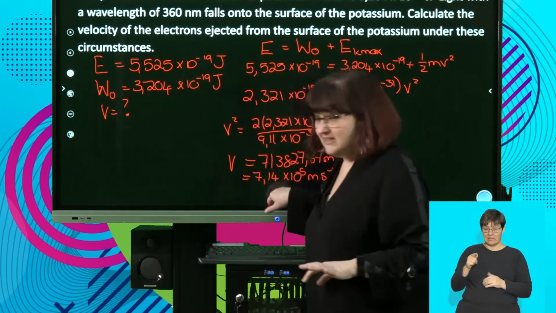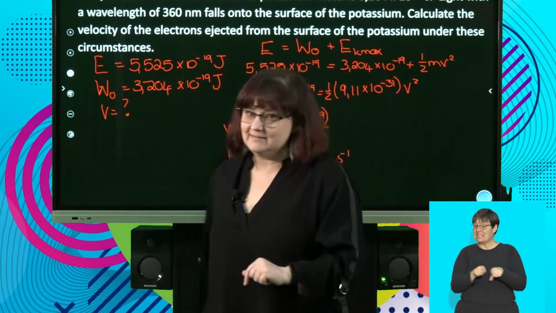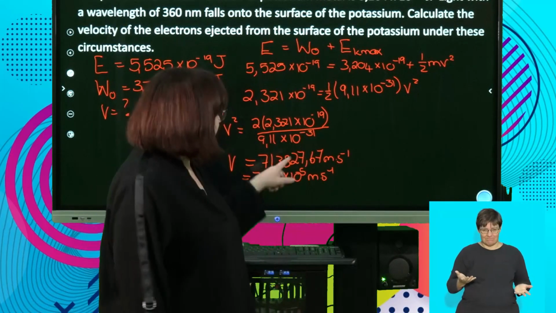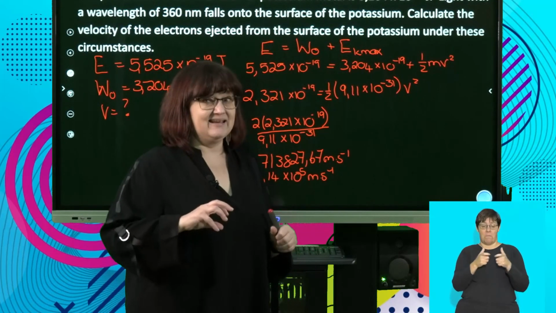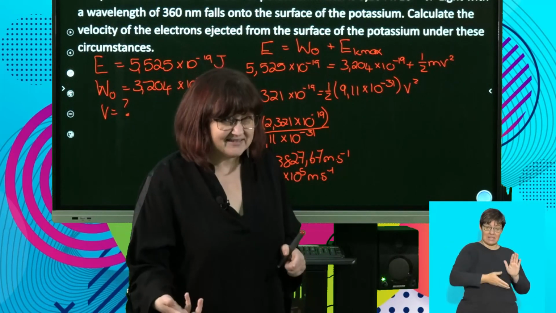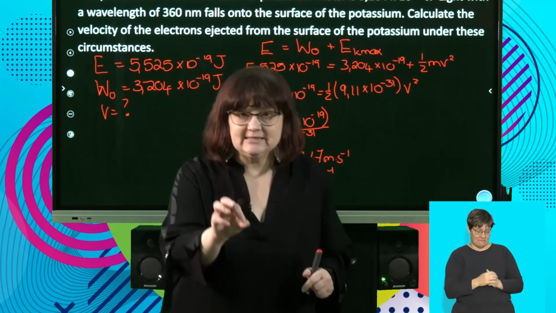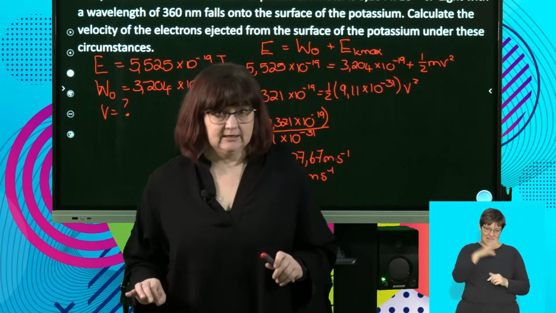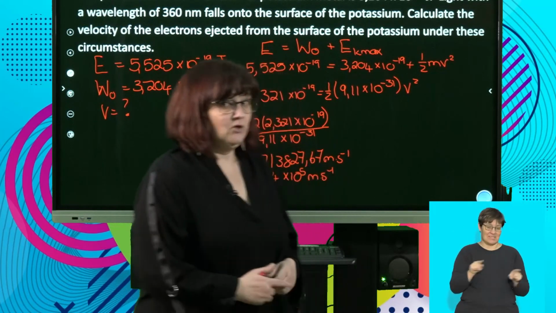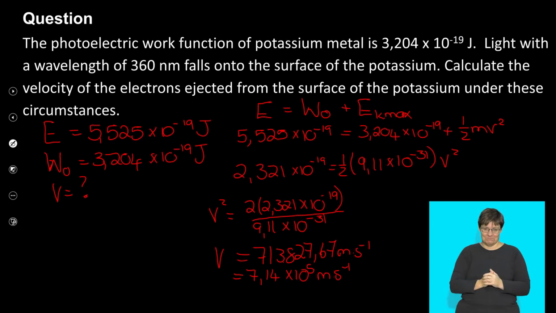Okay? This is fast, but it's not quite the speed of light. So be careful. If you get an answer here where the value you get is bigger than the speed of light, you've made a mistake. It can come close, but it's not going to move as fast as light. Okay? Because it's not light. We good? Okay.